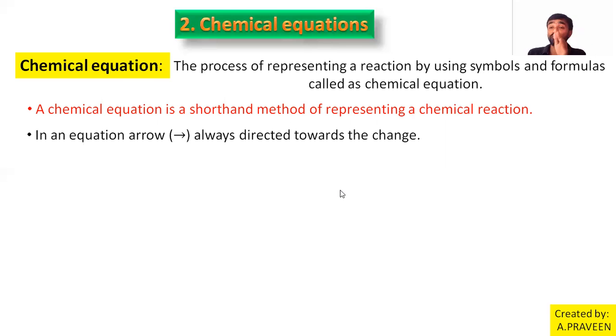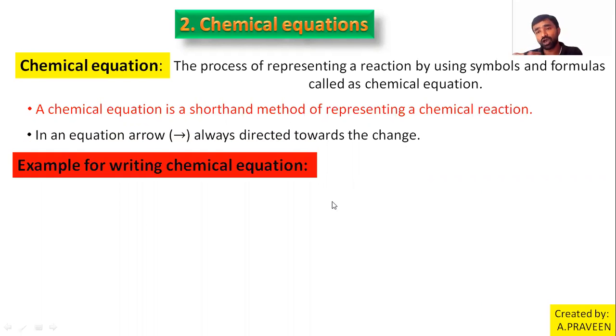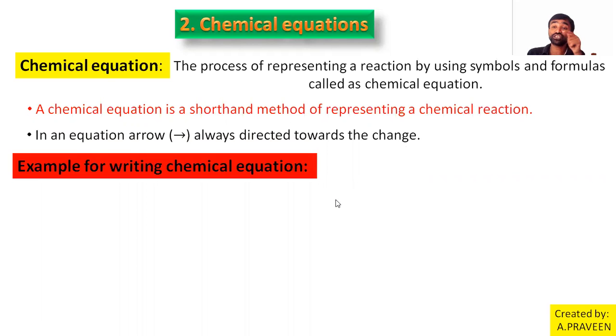After the change, what we get, the substances that remain, are called products. So left of the arrow, I write reactants. Right of the arrow, I write products. The direction of the arrow is always towards the products.